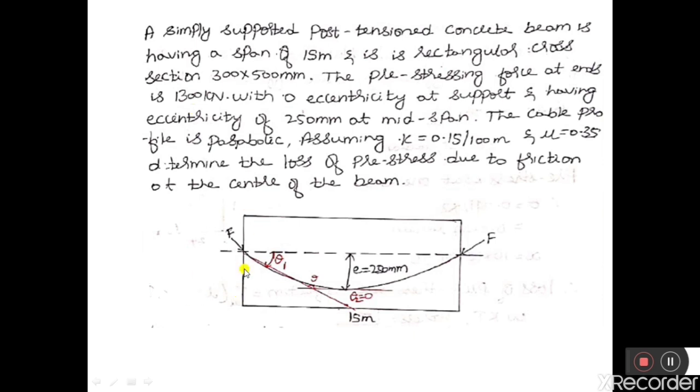So let us consider a beam of cross section 300 by 500 mm whose length is 15 meter. The cable profile given is a parabolic cable profile where the eccentricity is 250 mm at midspan and 0 at ends. A pre-stressing force of 1300 kN is applied at this end and this end.